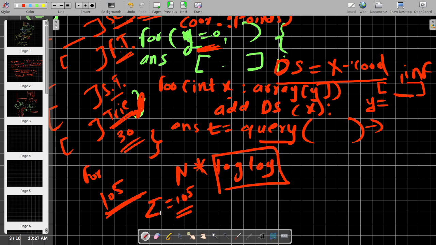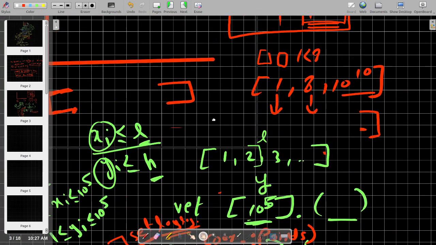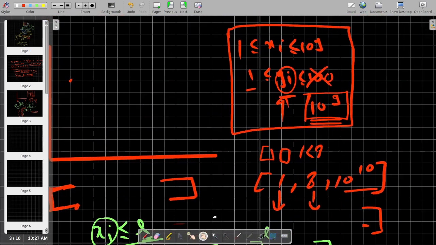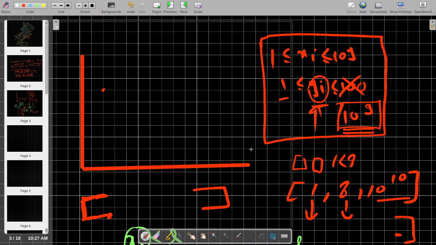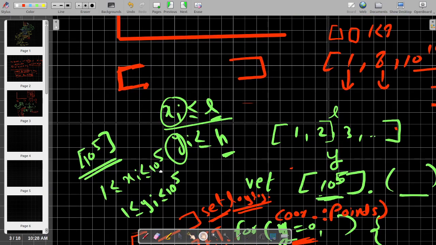I think I should explain it again, or give the gist of it. What we have done is change the constraints, right? When we change the constraints, we compress the array, from 10 to the 9 down to 10 to the 5.